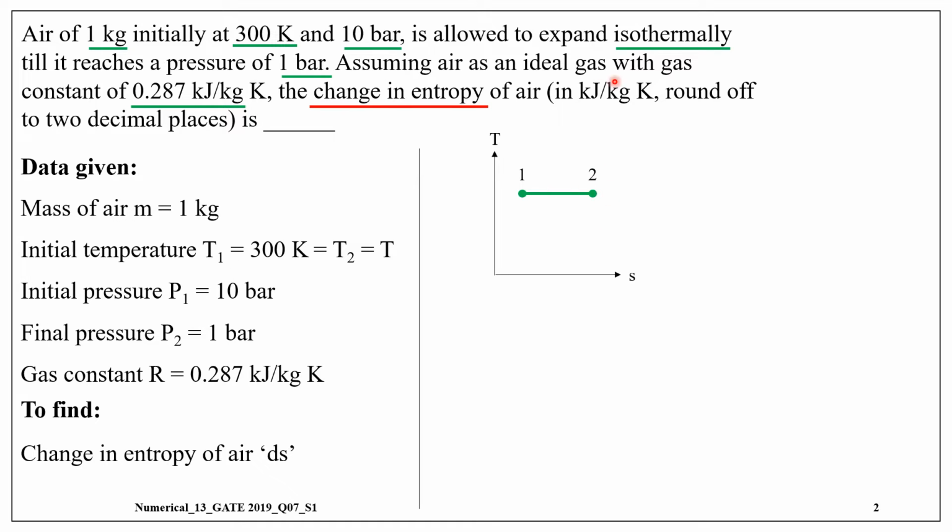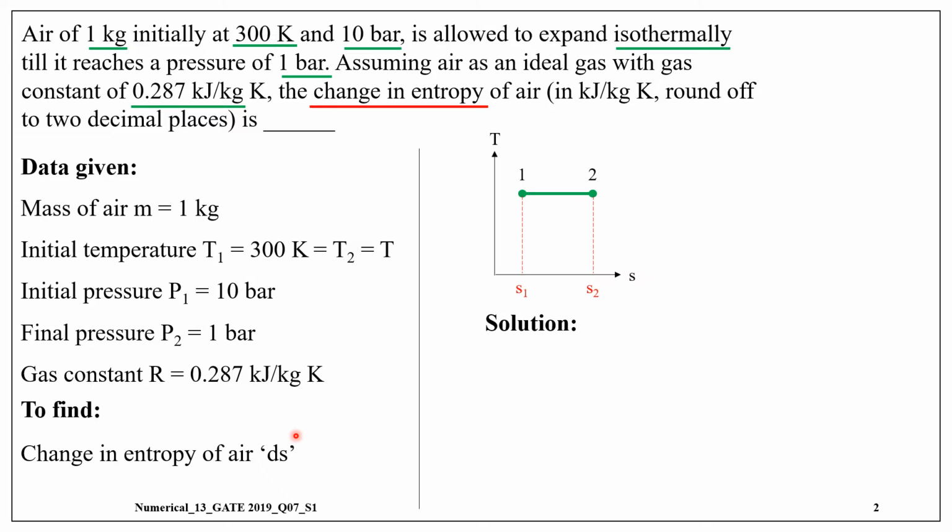Since it is an isothermal expansion, on a TS diagram, the graph is a horizontal line. What is the entropy at state 1 and what is the entropy at state 2? If you find the difference between S1 and S2, it gives the change in entropy. That is what we need to find.